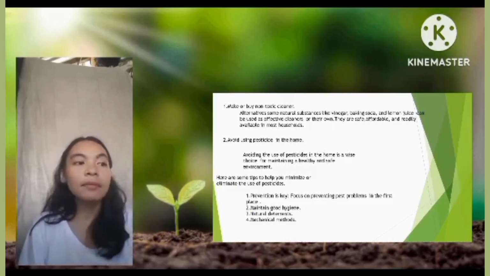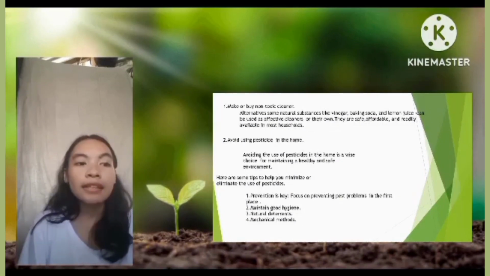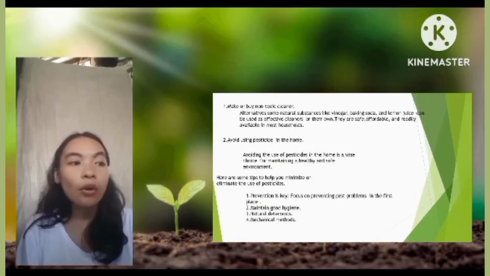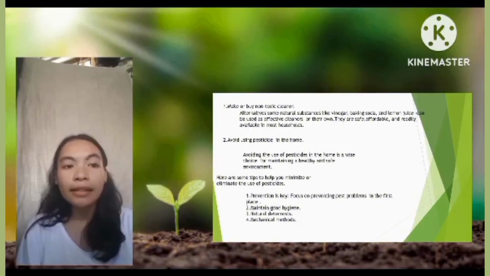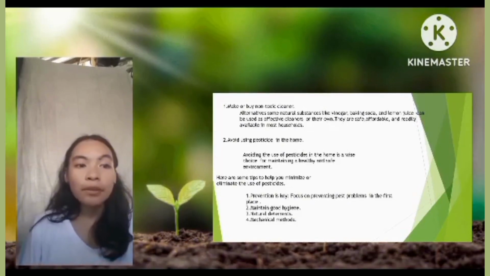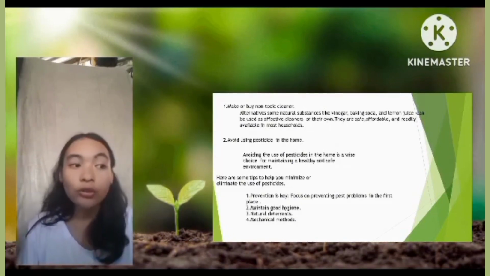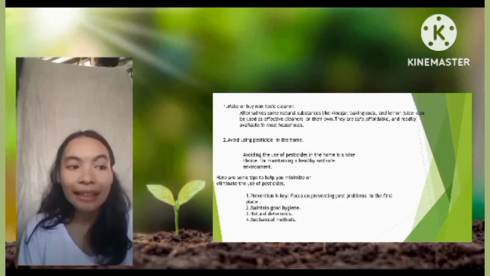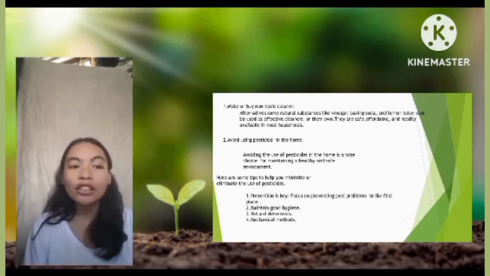So next is mechanical methods. Use physical barriers like screens on windows and doors to prevent insects from entering your home. Install door sweeps to seal gaps at the bottom of the door. Use traps or sticky tapes to catch pests like flies or mice.